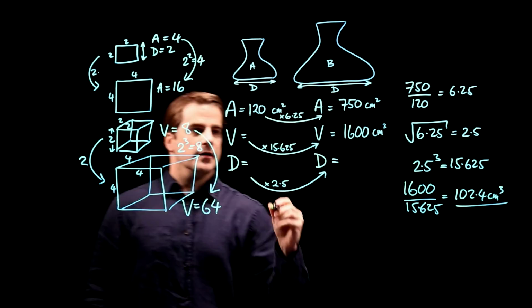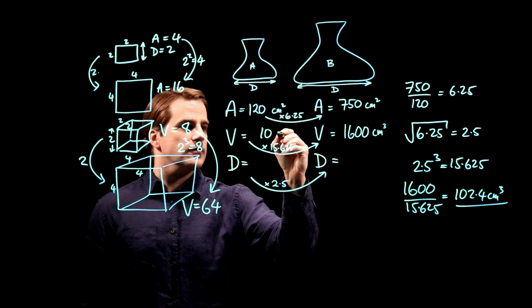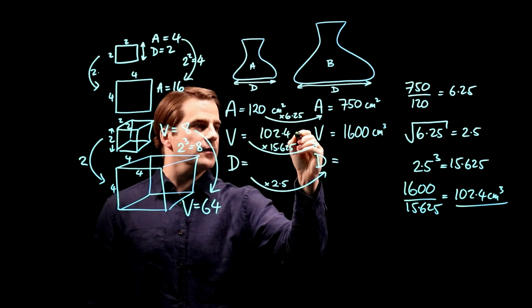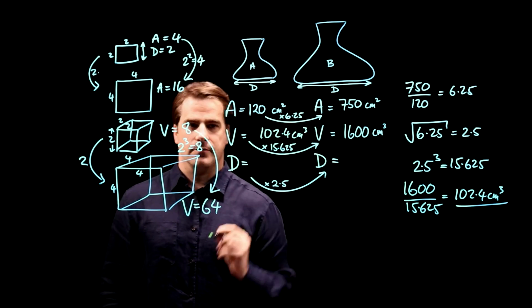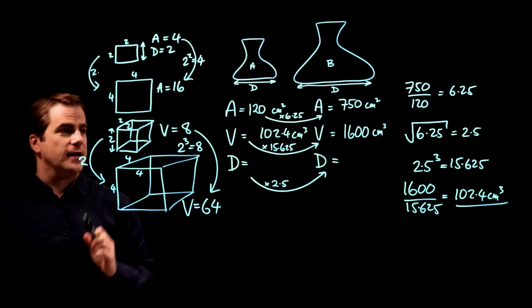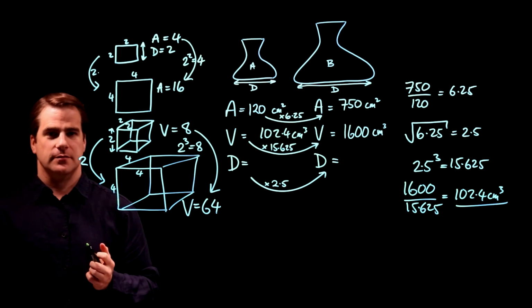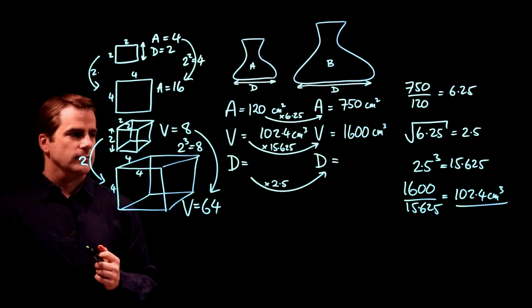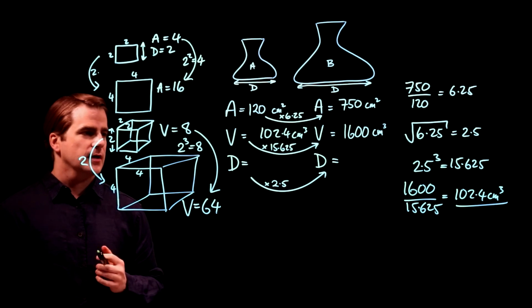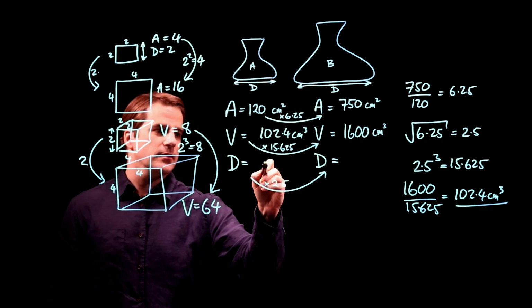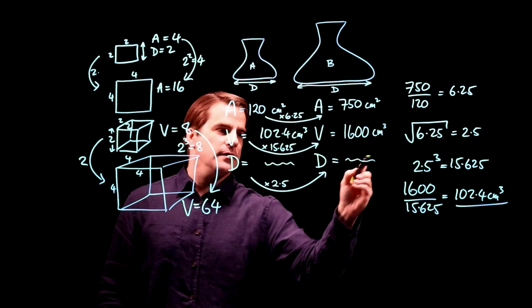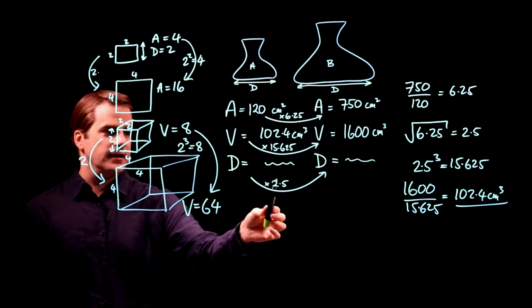That's it. So final answer, 102.4 cm cubed. And that's how you should do area volume scaling problems. Notice we didn't need to work out anything here. That's just a tool to work out the linear scaling factor.